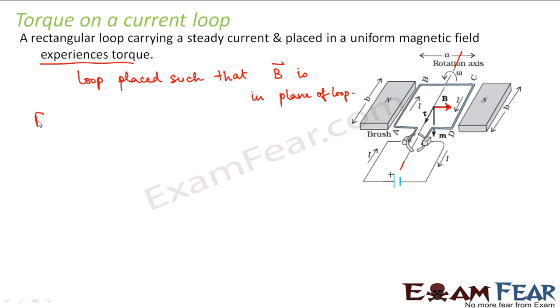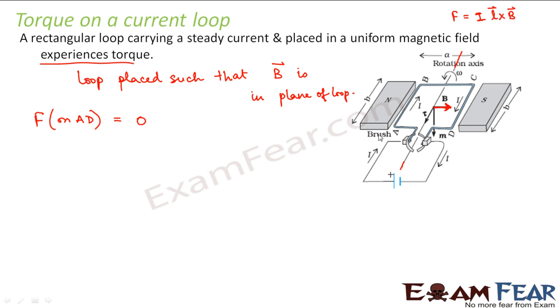Now let us try to calculate the force which will act on each arm of this loop. The force that will act on arm AD will be equal to 0. Why so? If you look at AD and B, they are along the same direction. The force acting on a current carrying conductor is given by IL cross B, right?